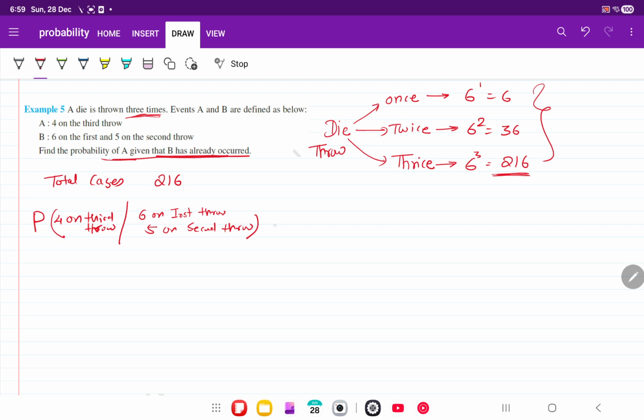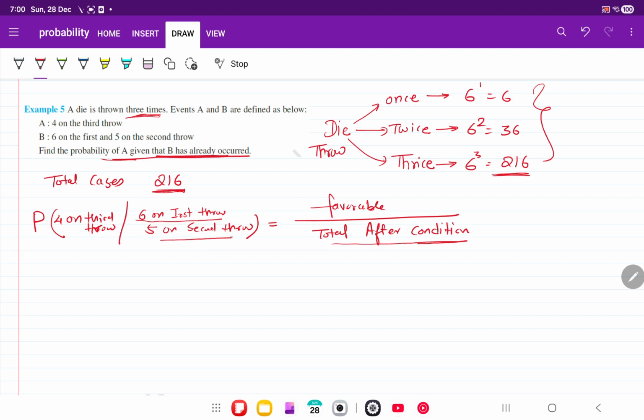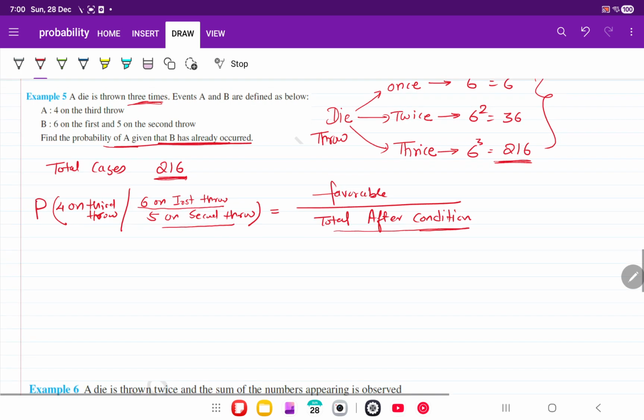The formula is total favorable cases divided by total cases after condition. After condition means you don't have to take all 216 cases. We need to take cases after applying the condition, which is 6 on the first throw and 5 on the second throw.